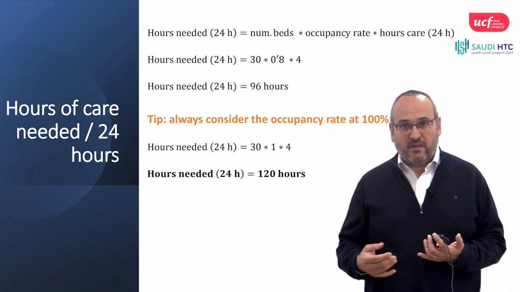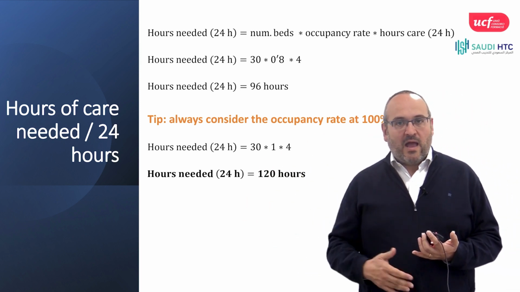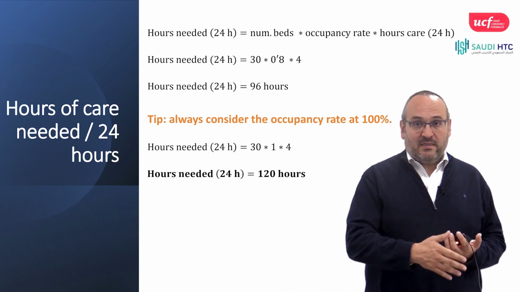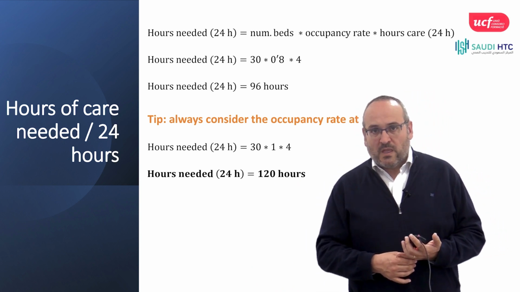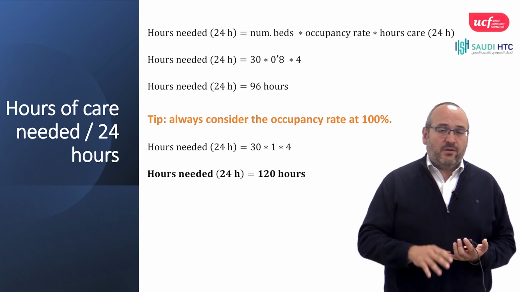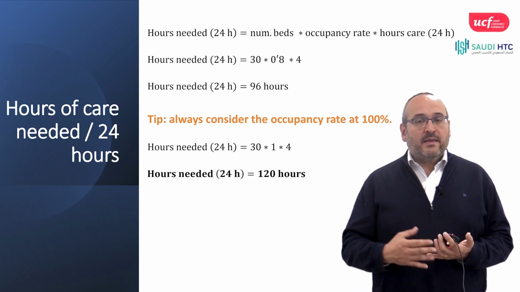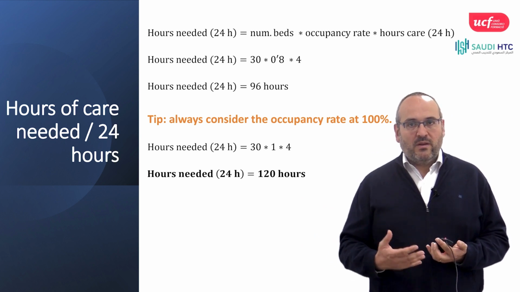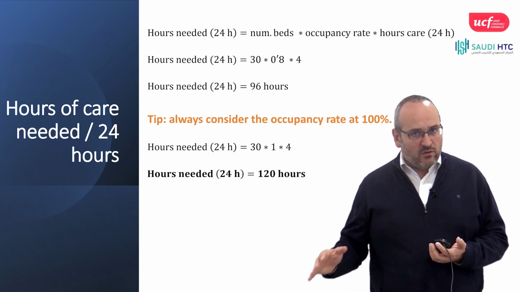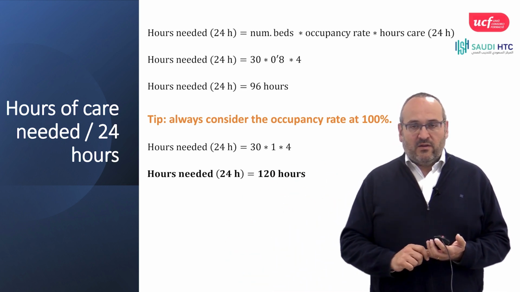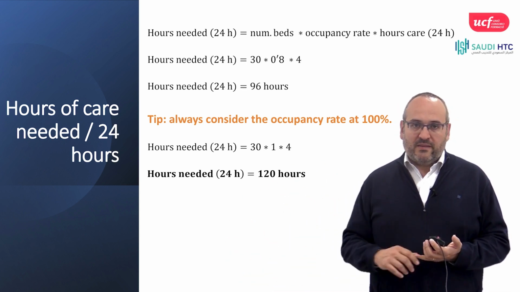Here I give you a first piece of advice, which is that it is a bit pernicious to consider an occupancy rate of 80%, because for there to be an occupancy rate of 80% would mean that there are days when the unit will be at 90% to 95%, and other days when it will be at 60, 65, 70%. What is my advice?